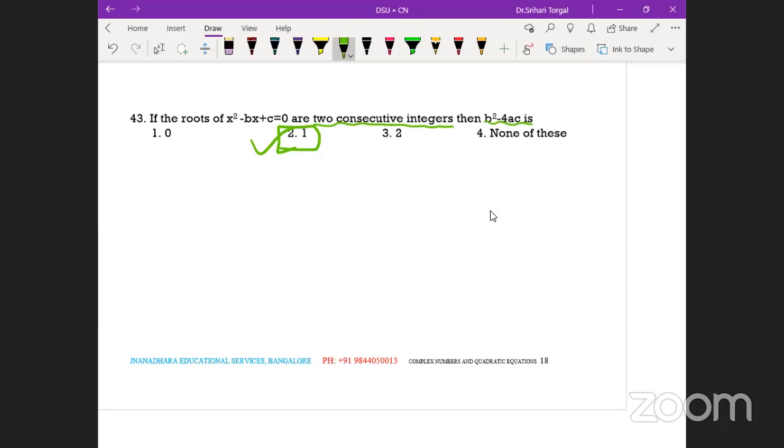Then b square minus 4ac is, I think you need to change the question here. Make it ax square plus bx plus c equal to 0. Okay. Otherwise, you will not get a here. Right? Very important.